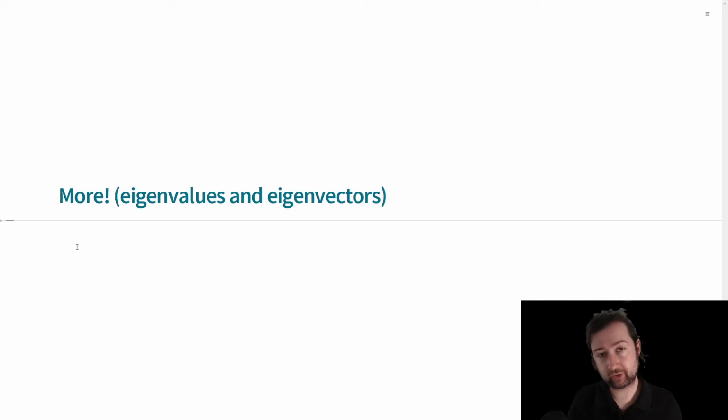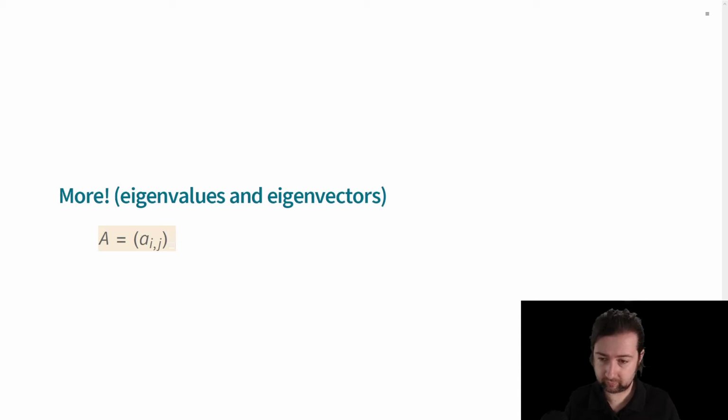So the first thing I want to talk about is the function Array, which is a way of generating a matrix from a function where each entry is given by some function in i and j. So remember that we think of a matrix A as being something like A_ij, where i and j run from 1, 2, 3.